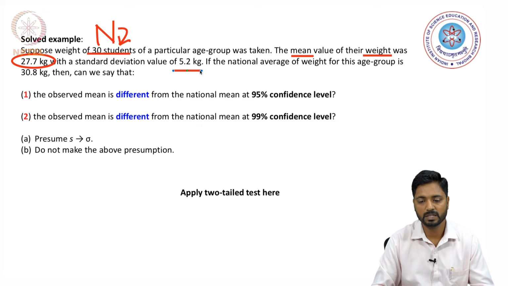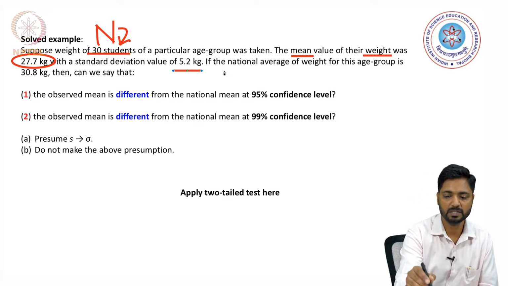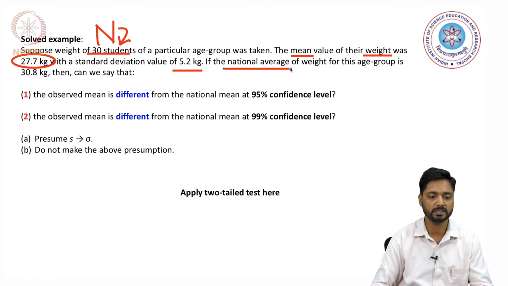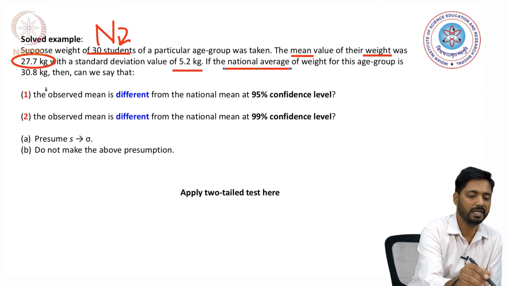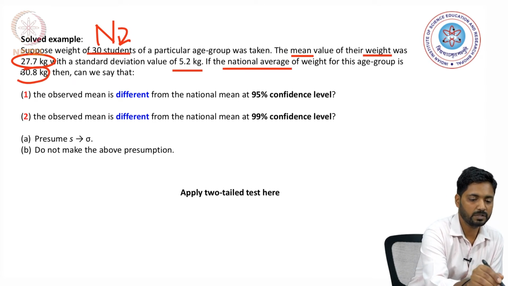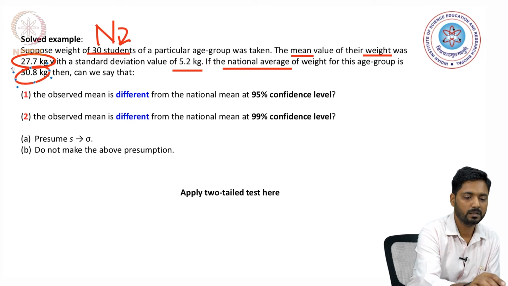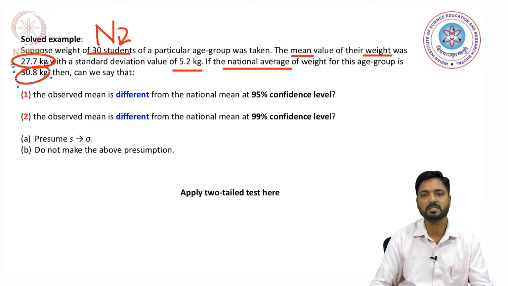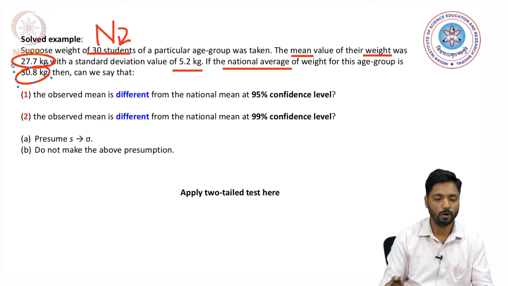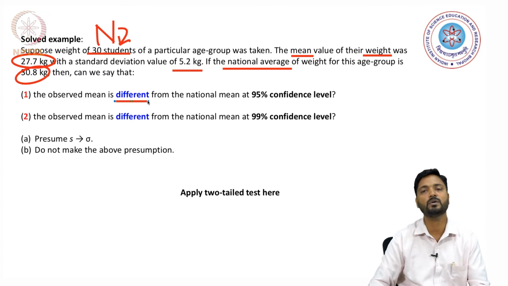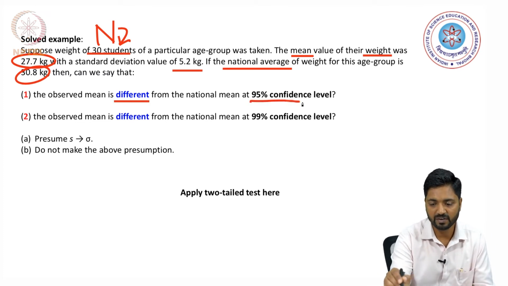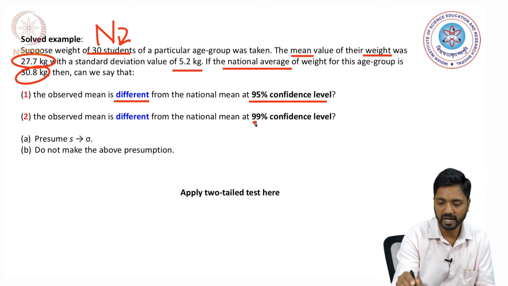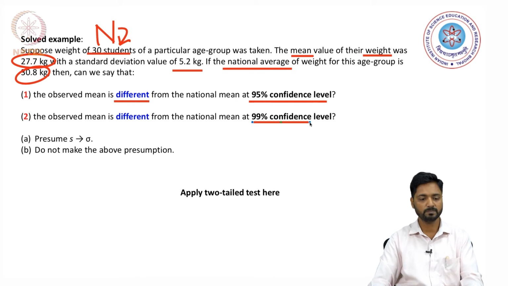There is a national average available to us from previous studies, which tells us that for this age group the weight of the student should have been 30.8 kgs. Now, under these circumstances, can we say that the observed mean is different from the national mean at 95% confidence level, or in part 2, at 99% confidence level?